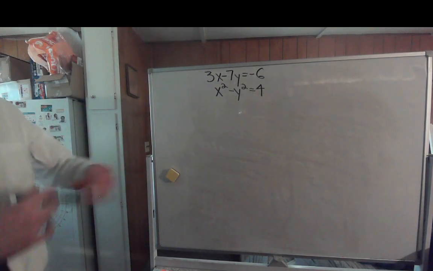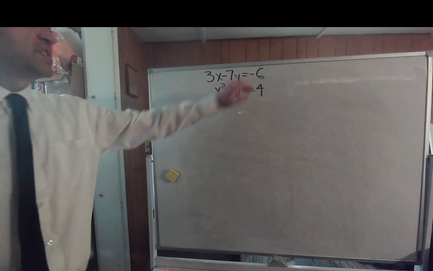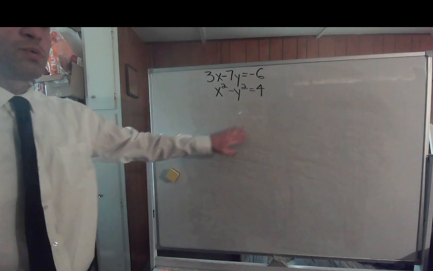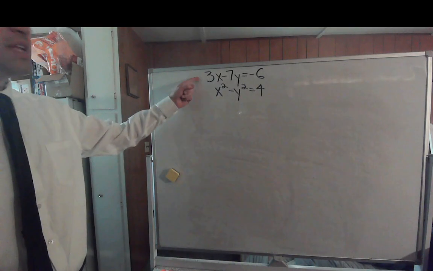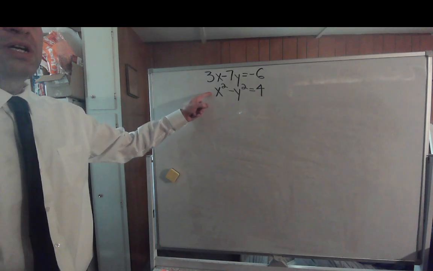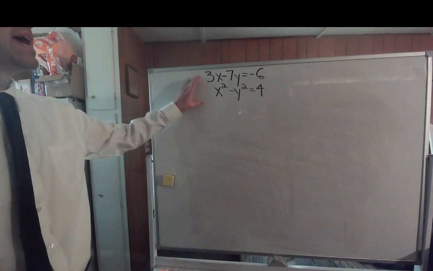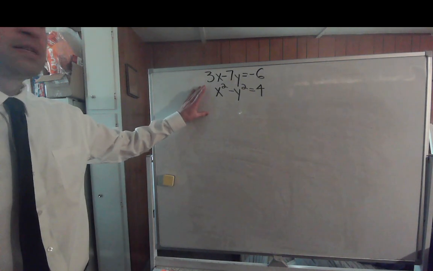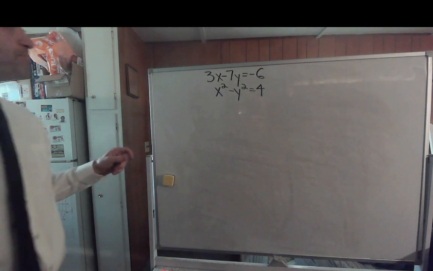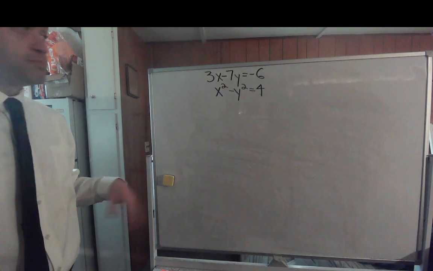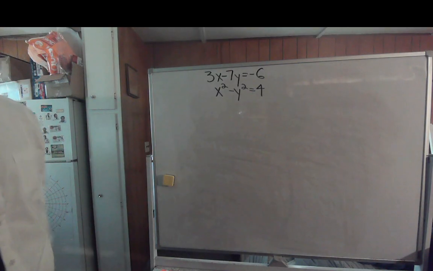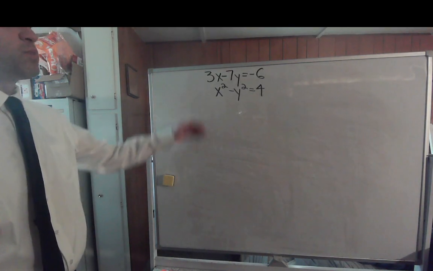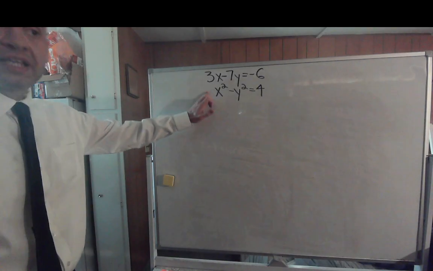So it's 3x minus 7y equals negative 6, and x squared minus y squared equals 4. So we have a line, and this time a hyperbola. We're trying to figure out where a line and a hyperbola intersect. So your best bet, again, use substitution. That's the best thing you can do, because one's completely linear, one's completely quadratic.